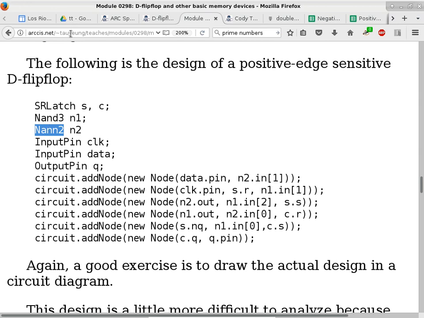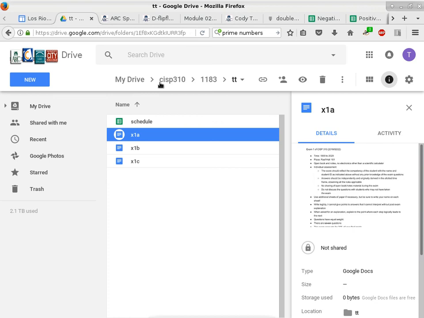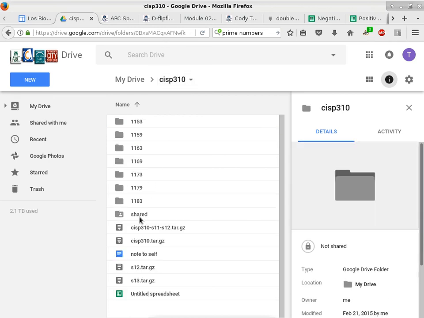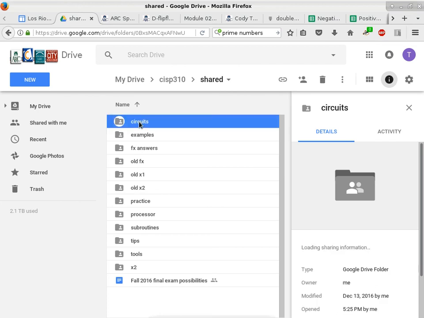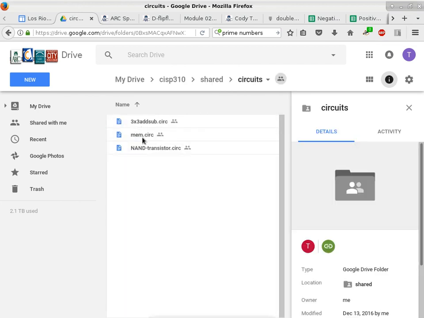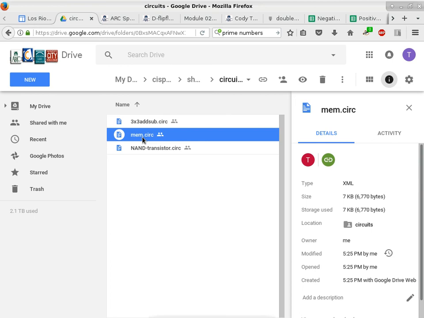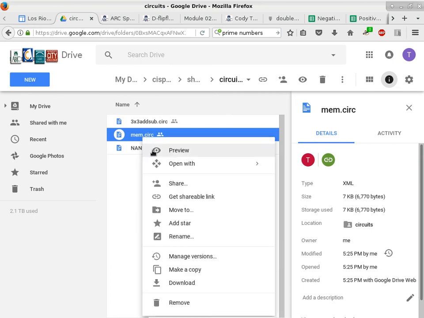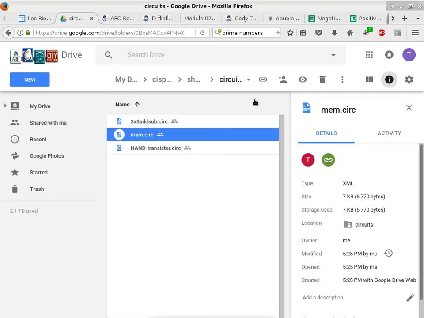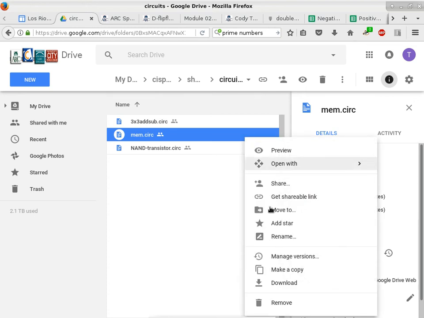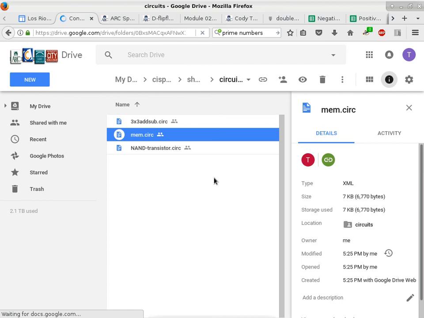Okay, so getting back to this one, I actually got the circuit done already, and I put it into the shared folder, so you can download it and play with it. If you go to the share folder, which has a link at the beginning of the first module, and go to circuits, I just put it in today. mem.circ is the one. So let me download it here. Right click, download, there we go.